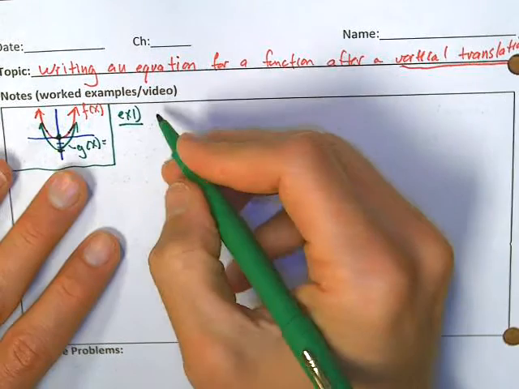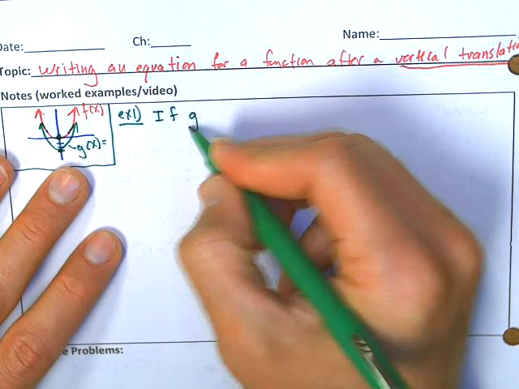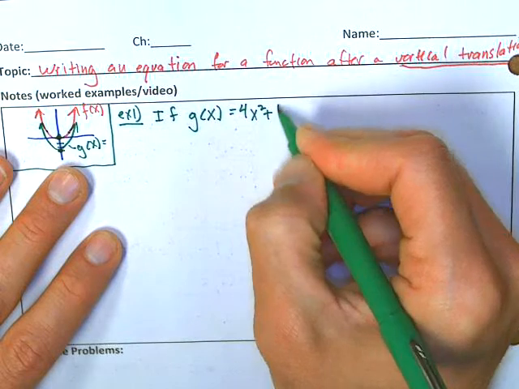Let's say I'm given the original function, and I'm going to call it g of x, and it's equal to 4x squared plus 1.